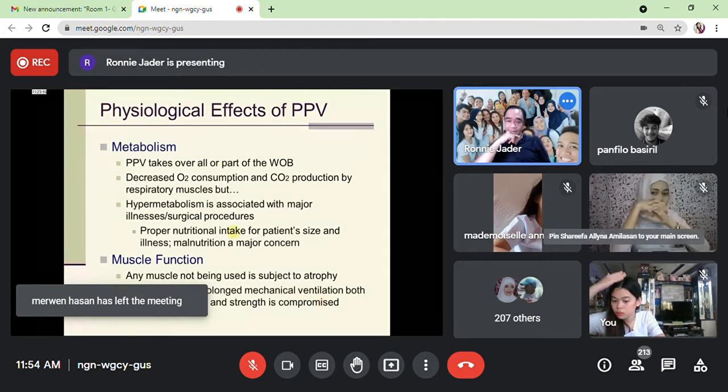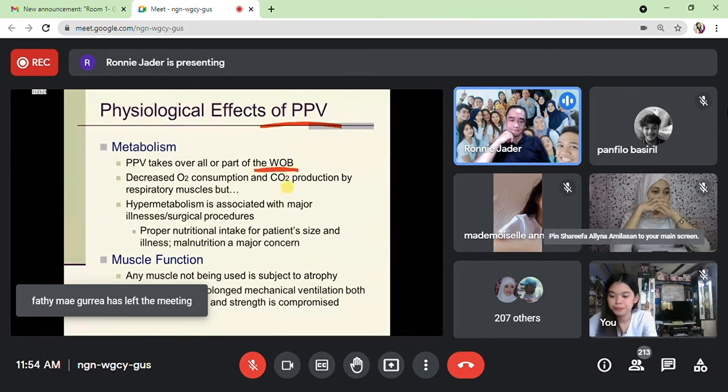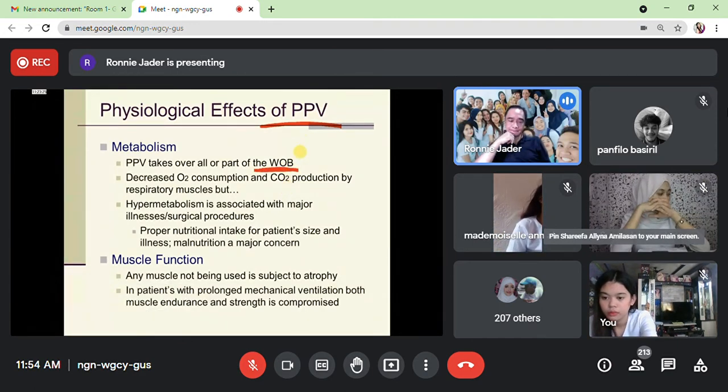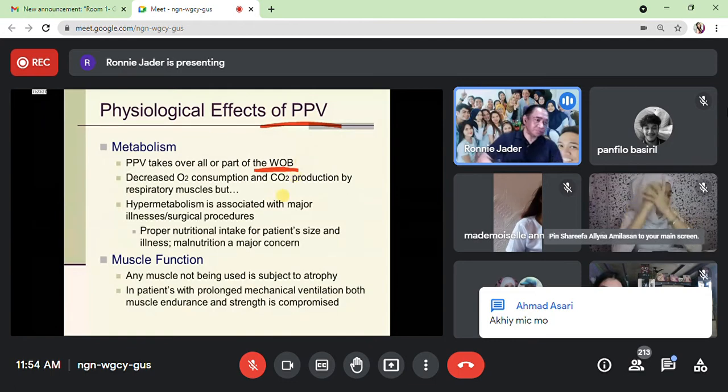All right. When we put a patient on a positive pressure ventilation, we do that often because we're trying to decrease CO2. What we're trying to do is to allow the body to heal itself, to decrease O2 consumption, to decrease CO2 production.